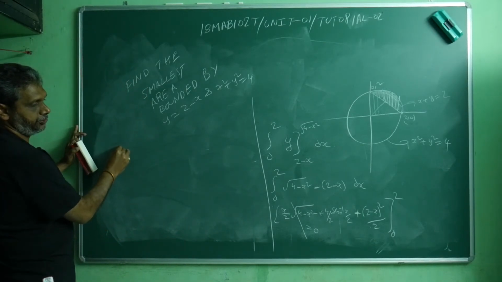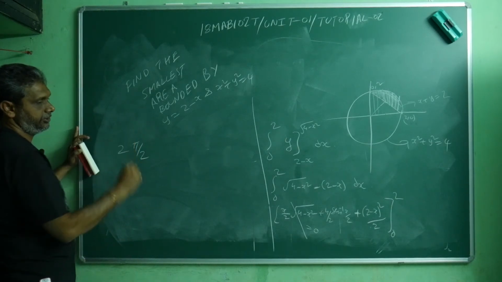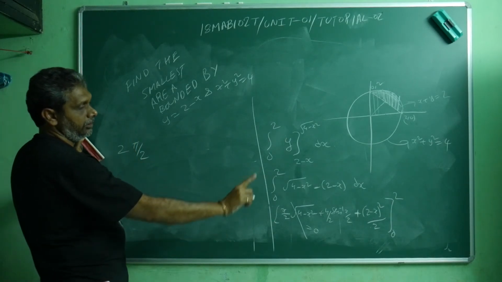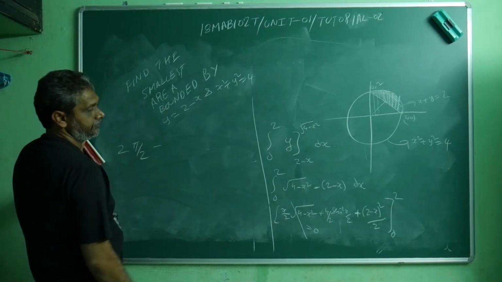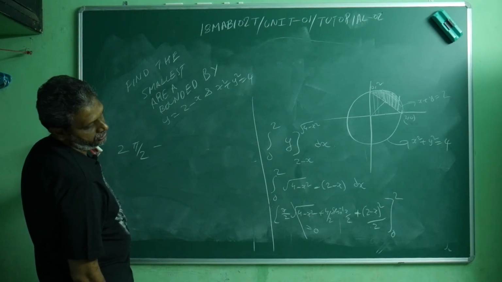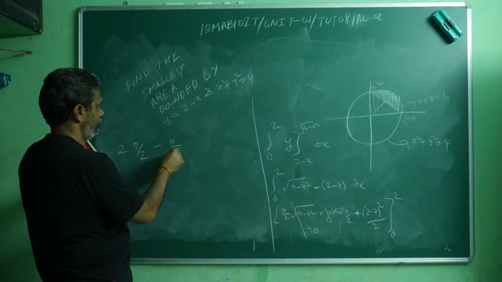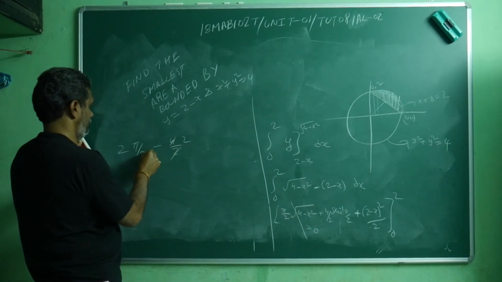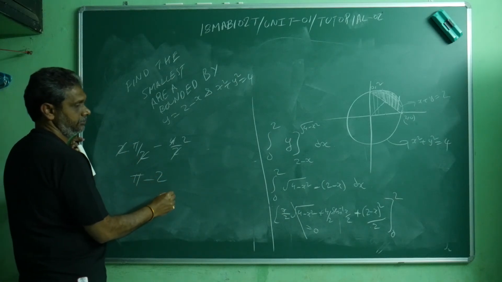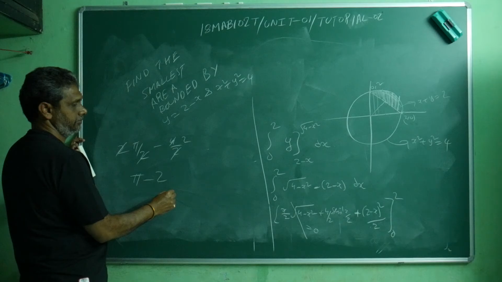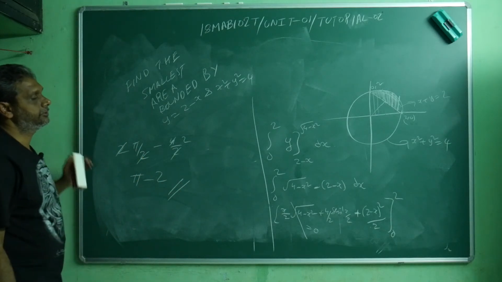Four by 2 means 2, sine inverse 1 is pi by 2, upper limit only, lower limit vanishes, minus of what I will get: 2 minus 0 whole square by 2, that is 4 by 2. So the answer is pi minus 2.